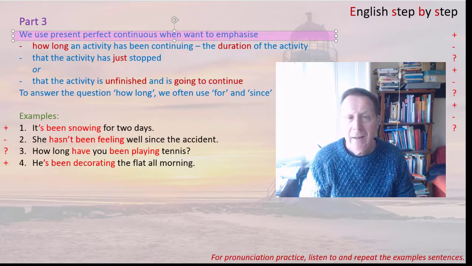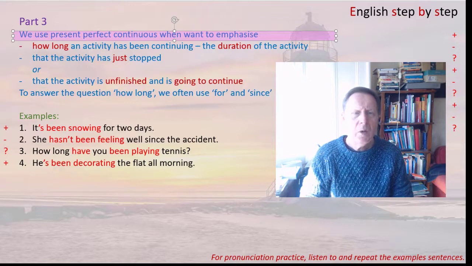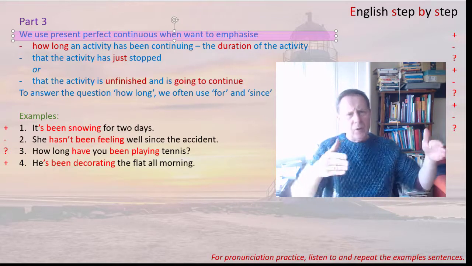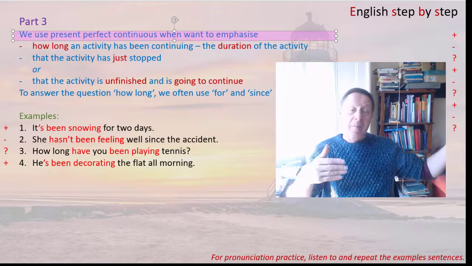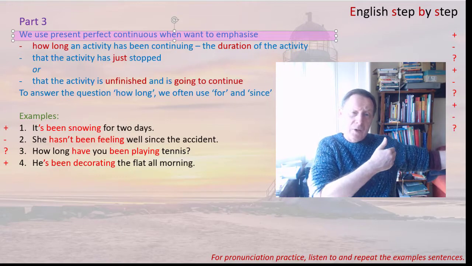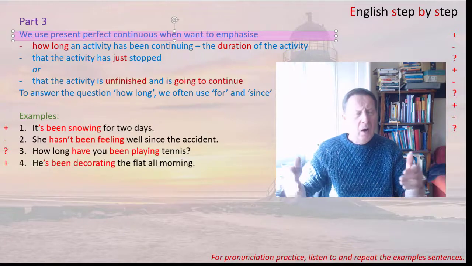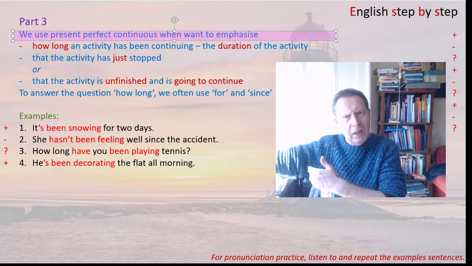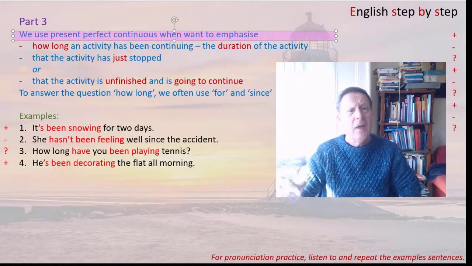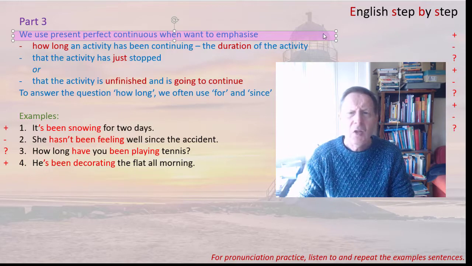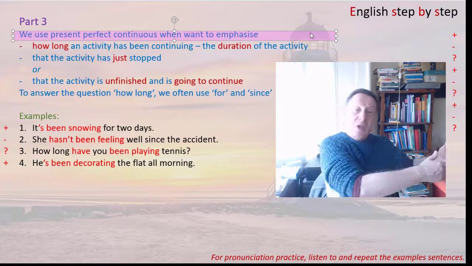So when we use any continuous tense, we're talking about something that continues over a period of time. Maybe a period of time which finished now, or a period of time continuing now, or a period of time continuing in the future. In this case, the present perfect continuous is talking about a period of time continuing up until now.